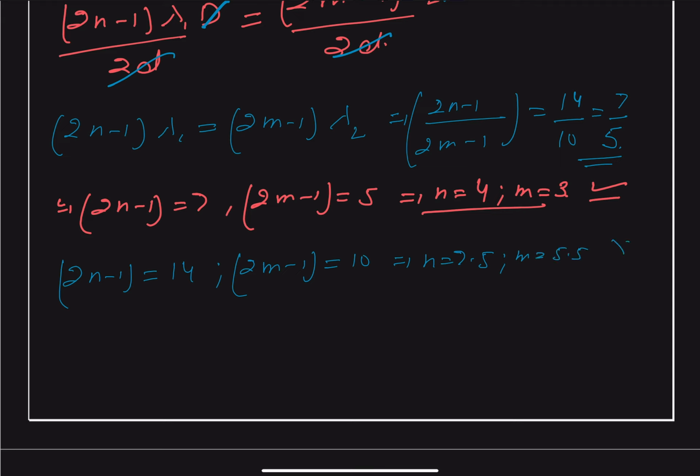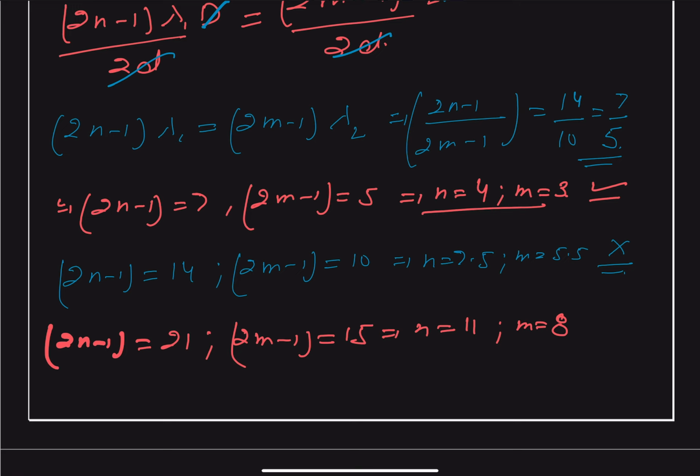So this is not a valid one. Similarly, we expand this ratio, and now we solve 2n minus 1 is equal to 21 and 2m minus 1 gives us 15. So from here we get n equal to 11 and m equal to 8, and this is also valid.